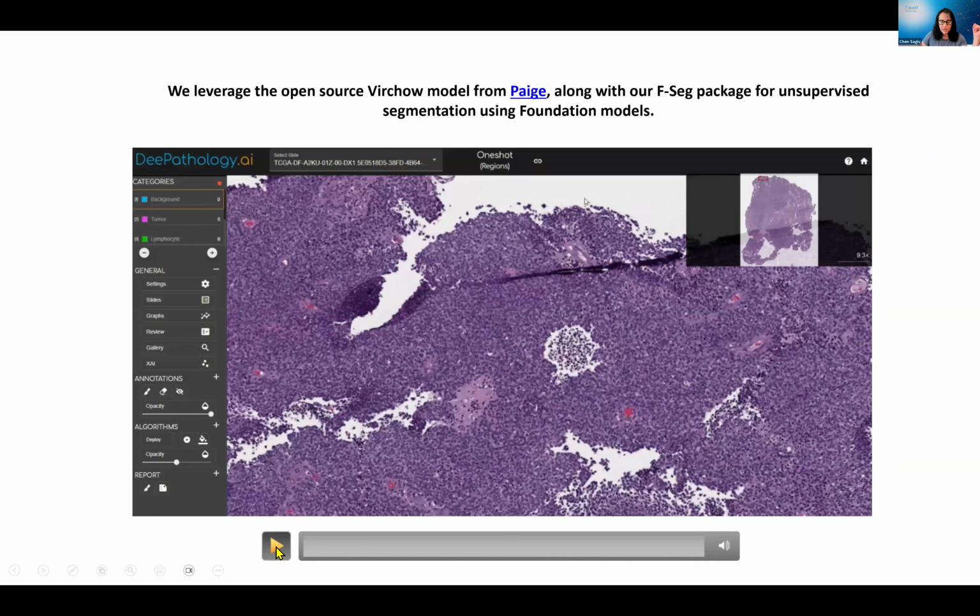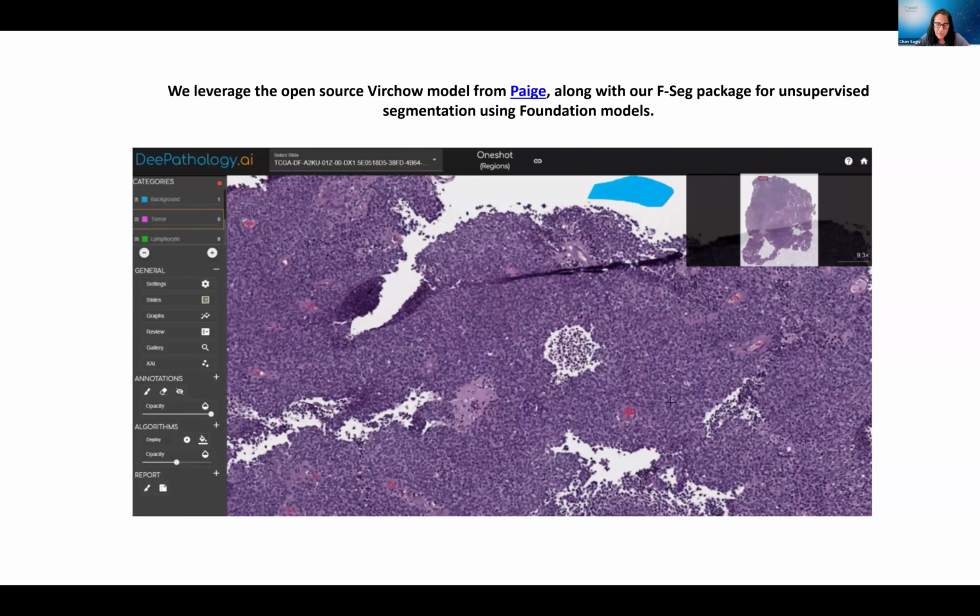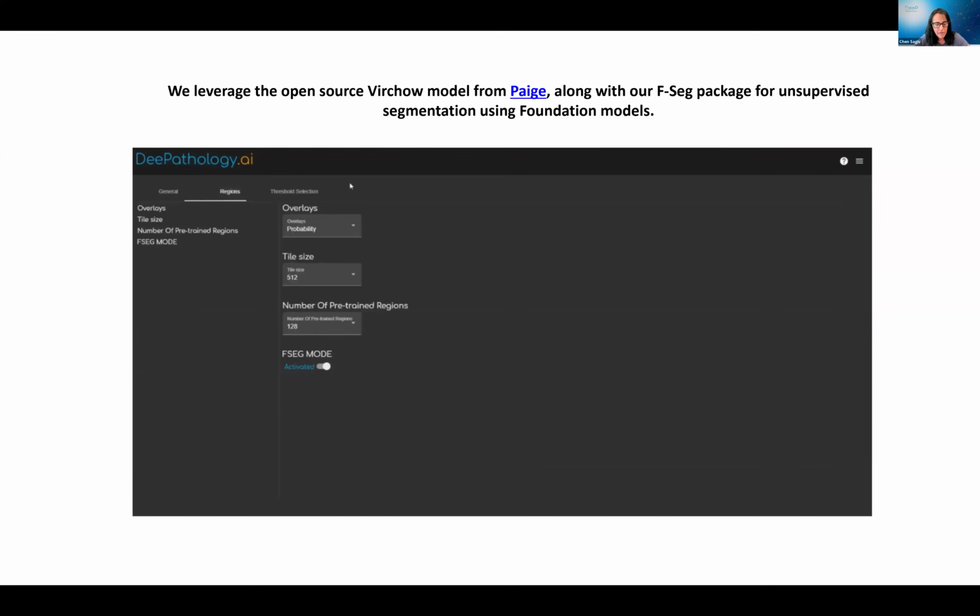Here is what we did with Virchow. It's a one-shot segmentation using our fseg package. So take a look. This is, of course, a fast forward. You see that we are using the studio to annotate one example from each category. Okay, we now go to the fseg mode.